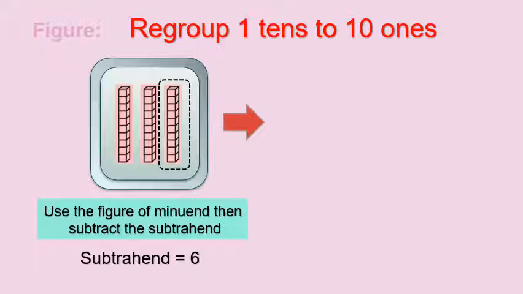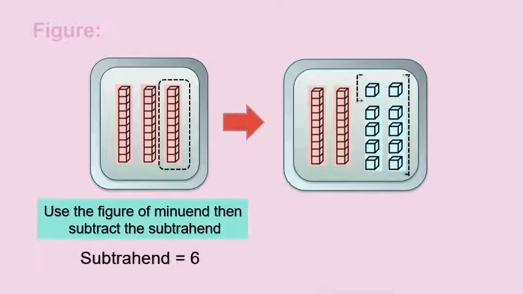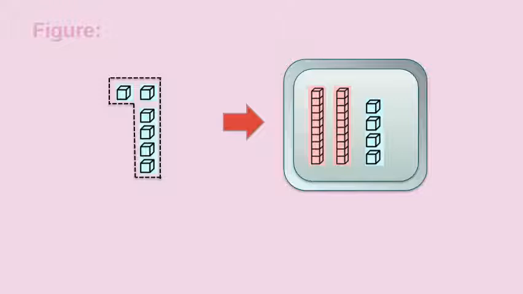So it's going to be 2 tens and 10 ones. As you see, we only have 2 tens and 4 ones. So the difference is 24. 30 minus 6 equals 24. There are only 24 girls in the class.